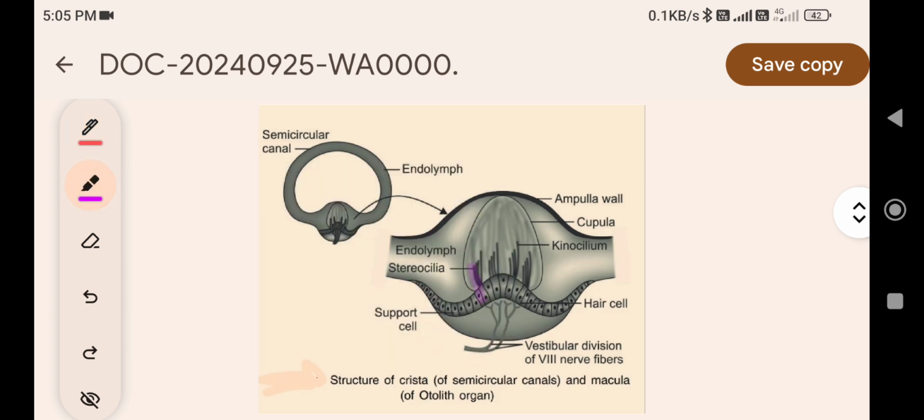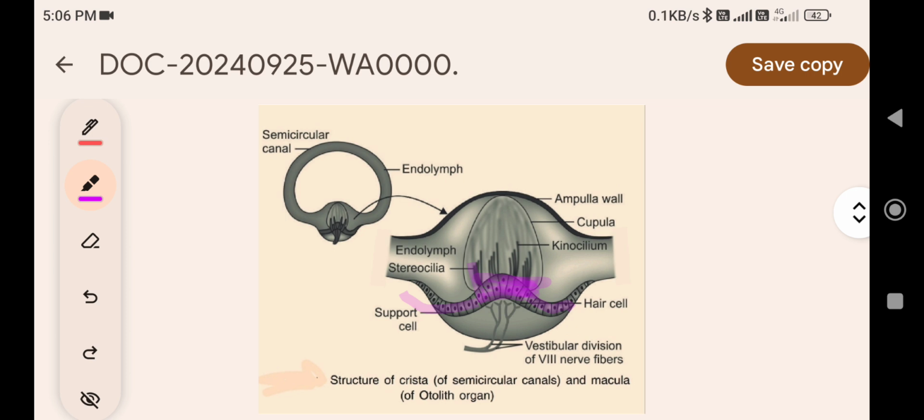You are seeing the hair cells in the middle, and the adjacent cells on the sides are the sustentacular cells.